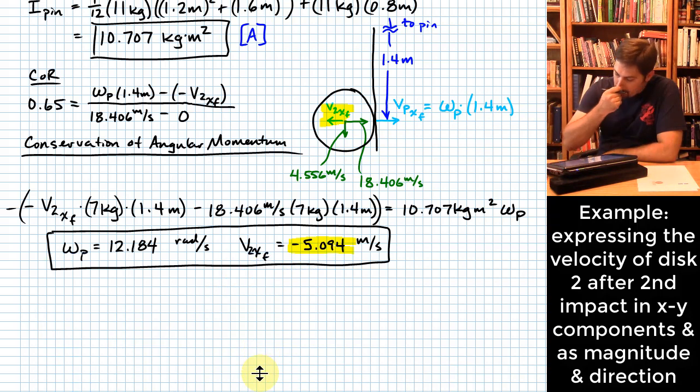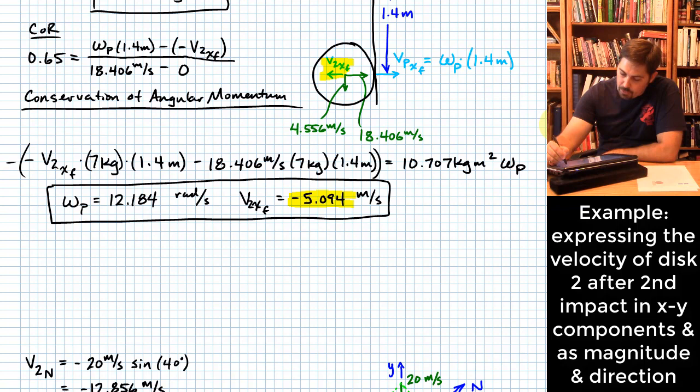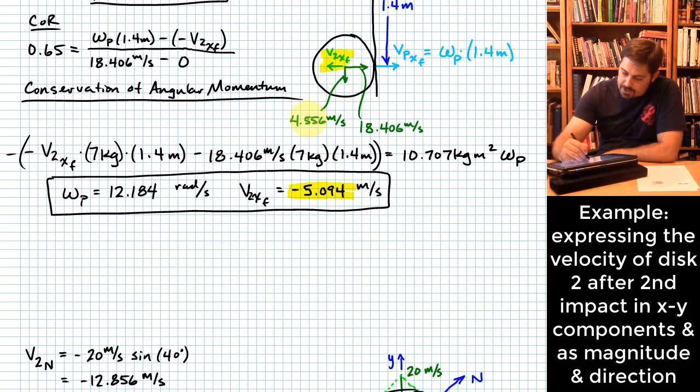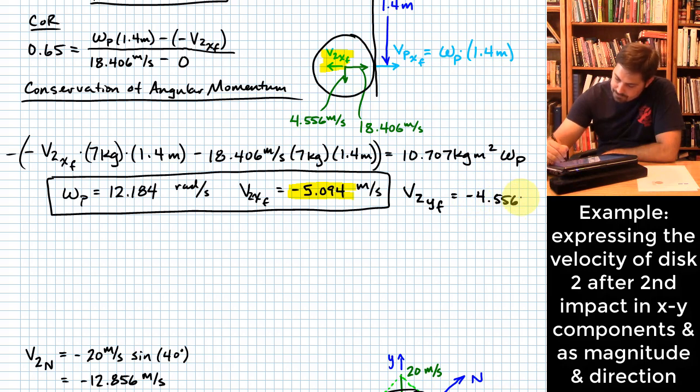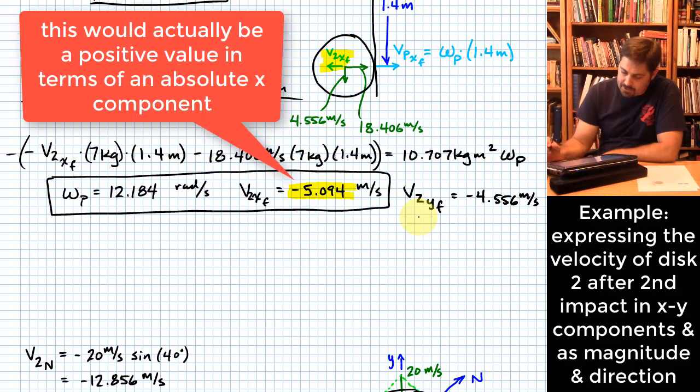Actually, we're most of the way there because we already knew what the initial y direction velocity was, 4.556 meters per second. So v2yf is still negative 4.556 meters per second. If you want it in components, that's how it's given.